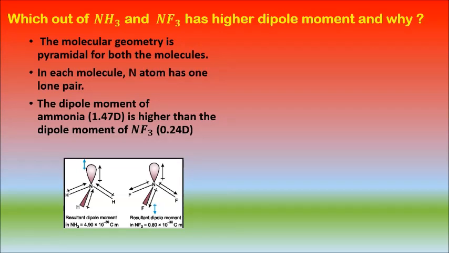In this case, nitrogen is less electronegative compared to fluorine. So the dipole moment will be pointing towards the fluorine atoms, in all the cases. That means the resultant dipole moment will be going in opposite direction, because the lone pair's direction is upward, and this dipole moment towards the fluorine is going downward, in opposite direction.